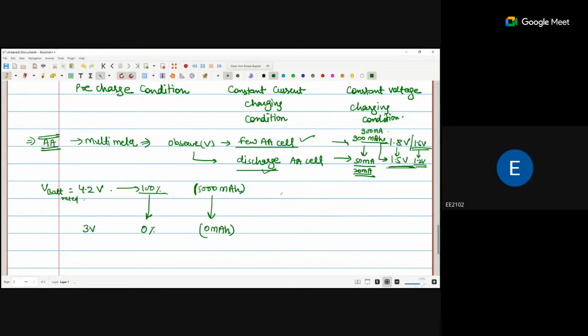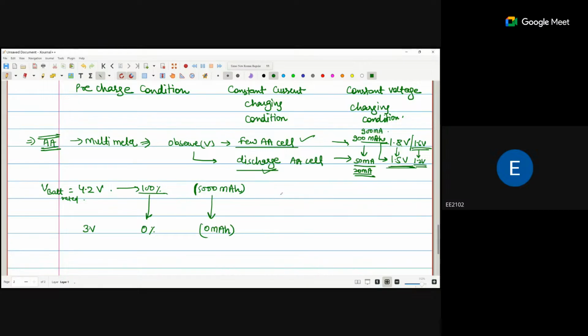So the main effect is that the voltage varies from a higher range to a little bit lower, but the current is mostly gone.